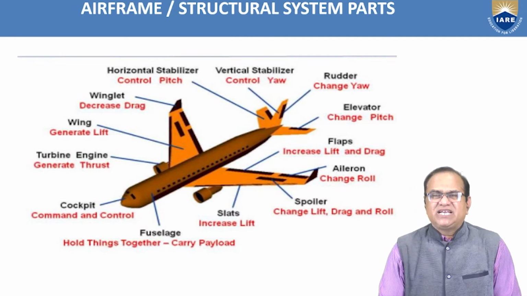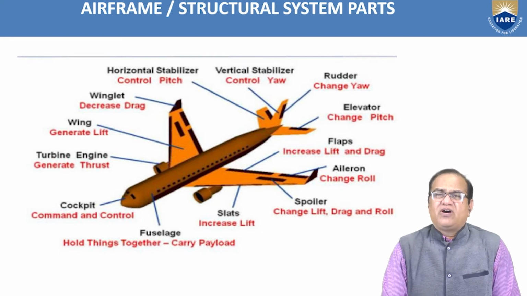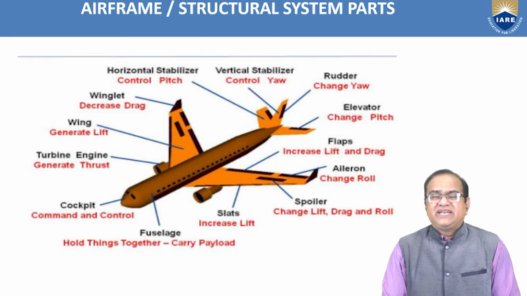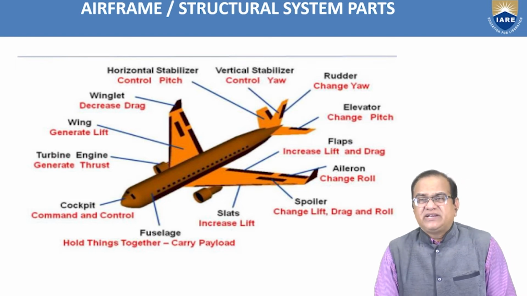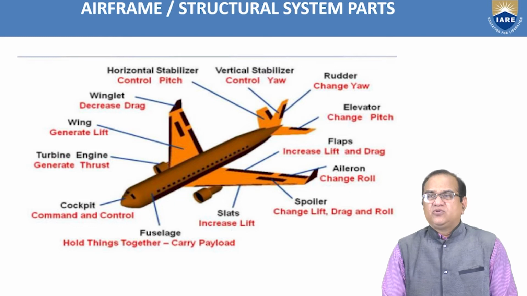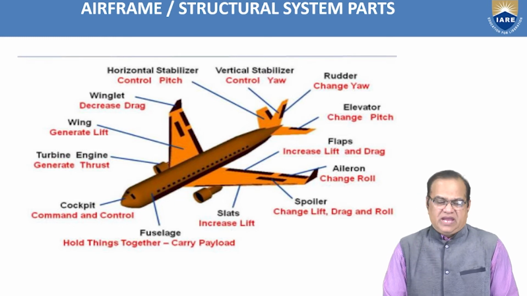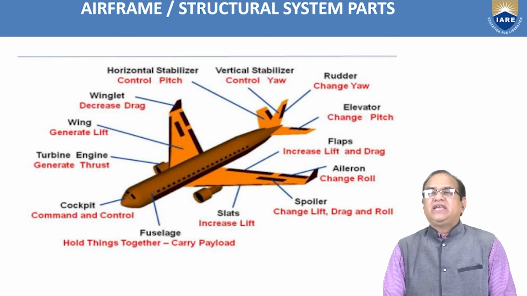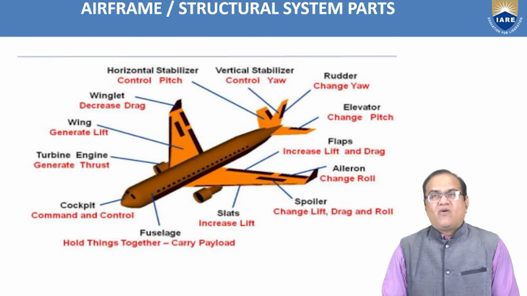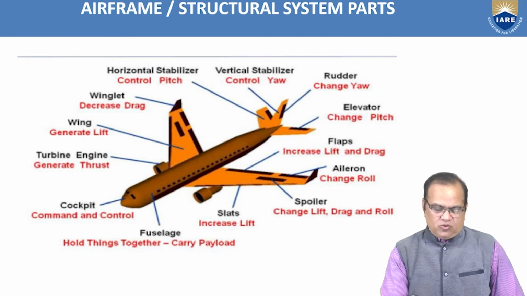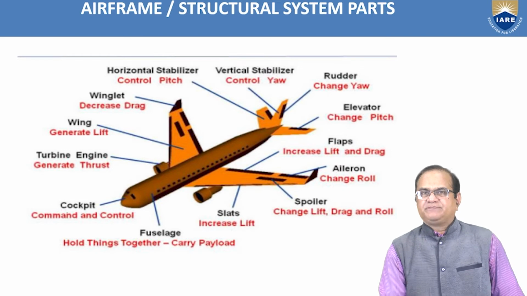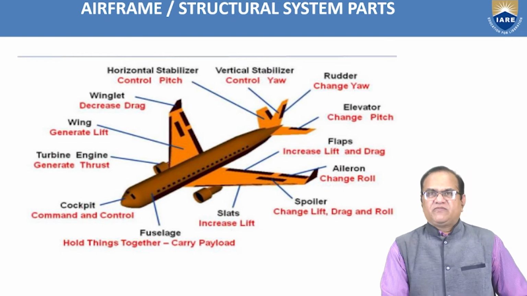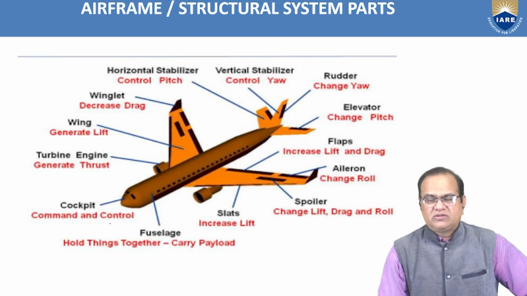It is very essential that before we go into detail about aircraft systems, we should understand what types of parts are used in an aircraft and why they are required. Okay, so I will start with the nose. This is the cockpit. In the cockpit, we have the command and control, which is operated by the pilot.